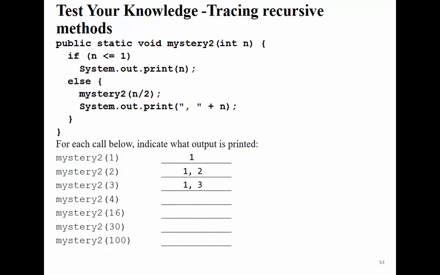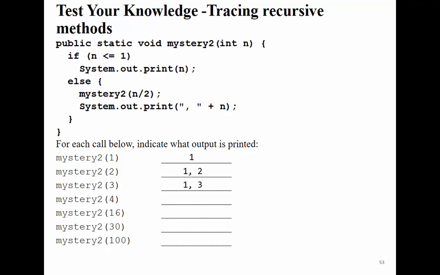When you do the recursive call, you're going to go back immediately after the recursive call, and you're going to print n. What is n? It is what you start with. So the first time, when you call mystery with 2, you start with n equal to 2. N is greater than 1, so 2 divided by 2 is 1. So when you come back from this, n is equal to 2.